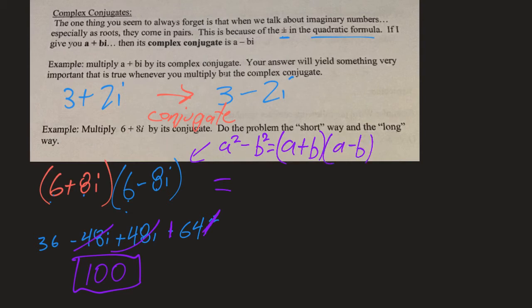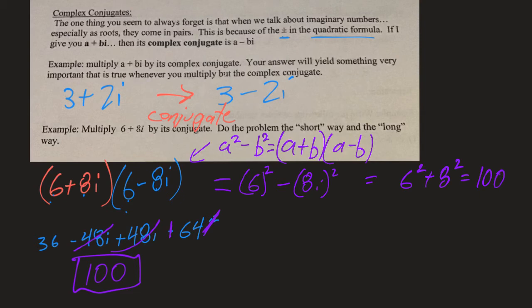This is the plus b minus b side. So this is actually the right-hand side of my equation, which means all this is going to be is 6 squared minus 8i squared. And overall, it always just leads you back to this. 6 squared plus 8 squared is 10 squared, or 100, okay?